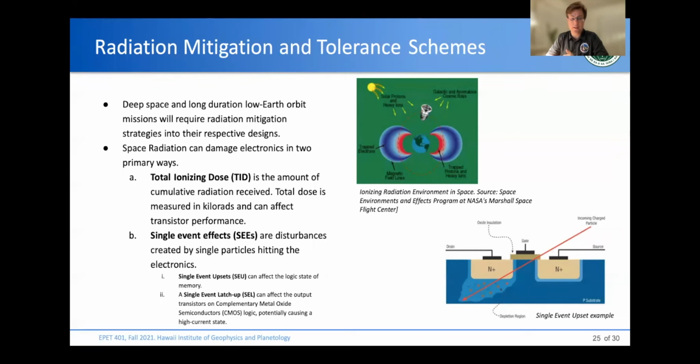Or a single event latch-up. Latch-ups could be more problematic because when a latch-up happens, a lot of current is generated because of a short circuit. And if we don't cut that, it could potentially damage the circuit permanently, and there's no recovery.